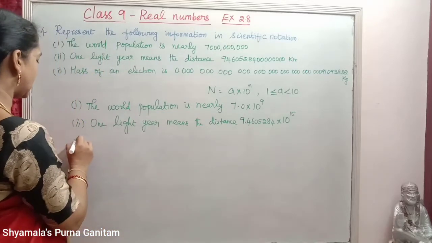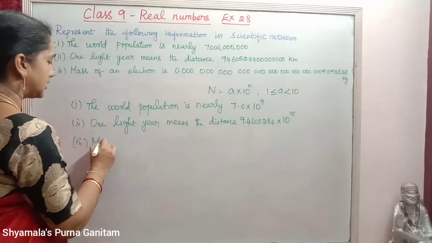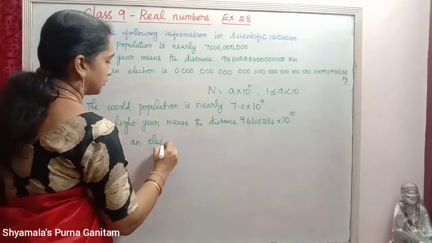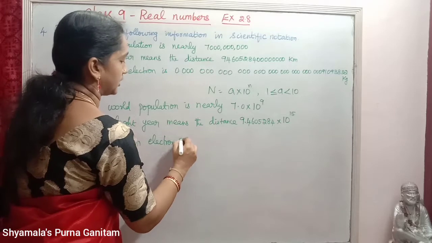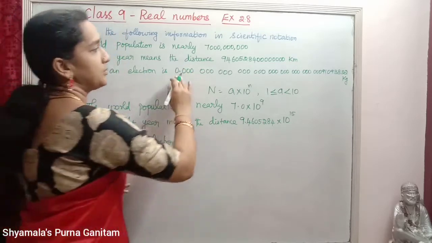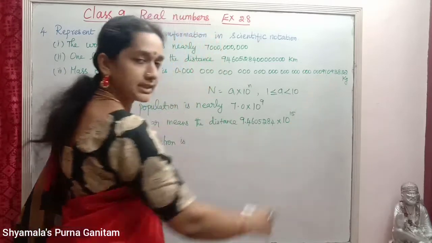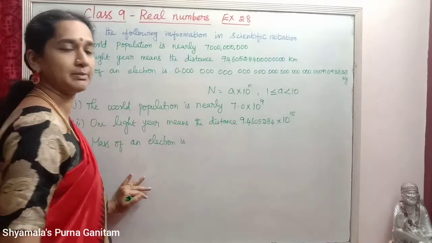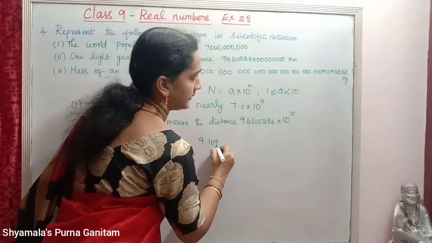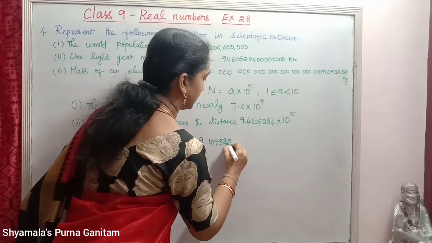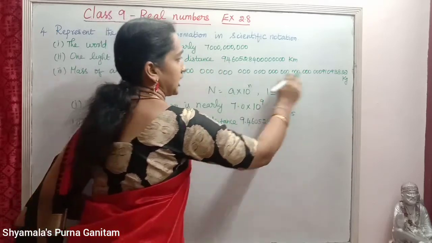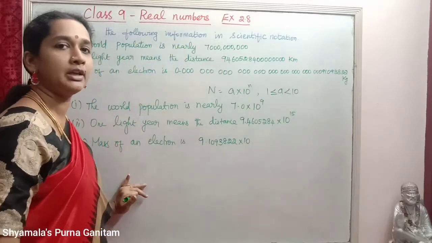Then the third one is the mass of an electron. The decimal point is here, and from here we have to move it till after the 9, where we keep the decimal point. That is 9.103822 into 10 power, and since we are moving in this direction, it has to be a negative power.